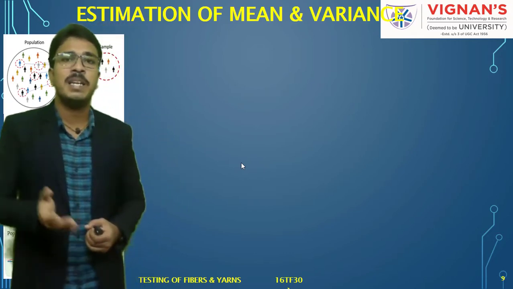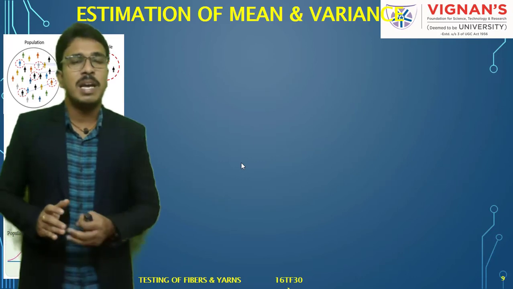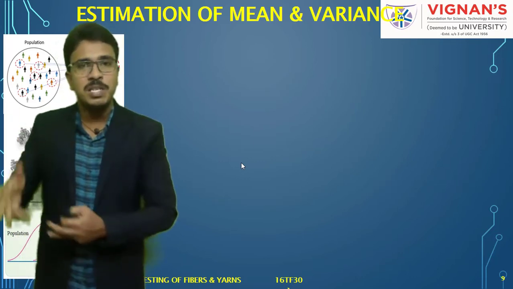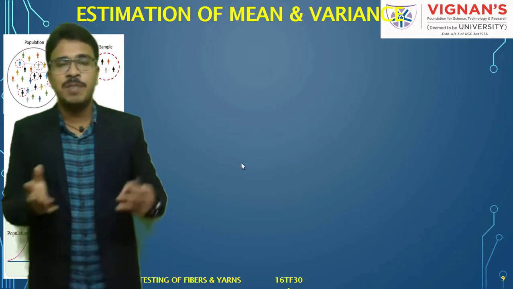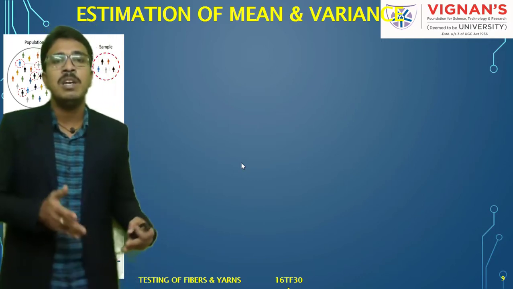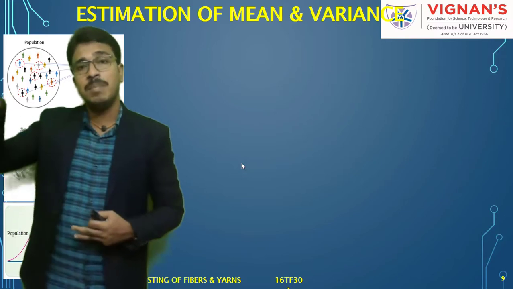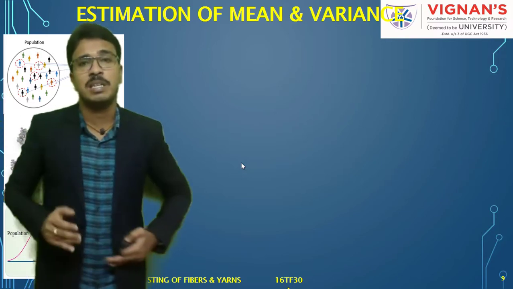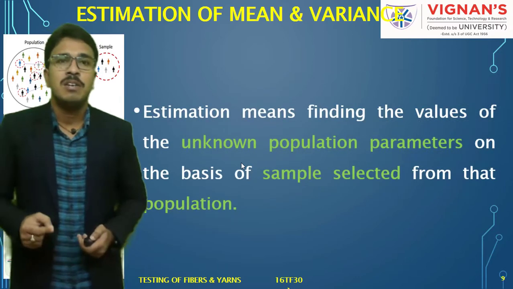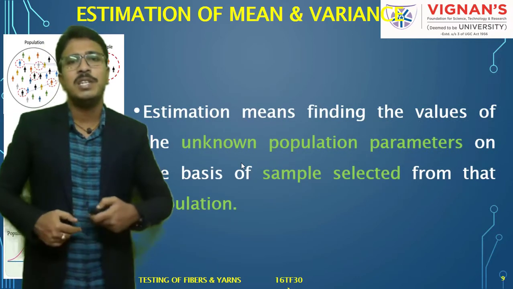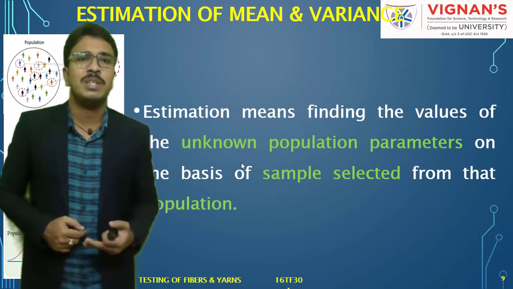Actually, we don't know the population parameters. From the sample parameters only, we are going to estimate our population parameters, which are nothing but mean and variance.